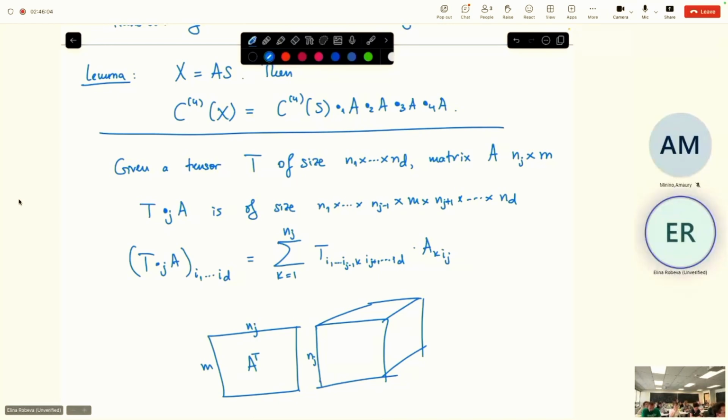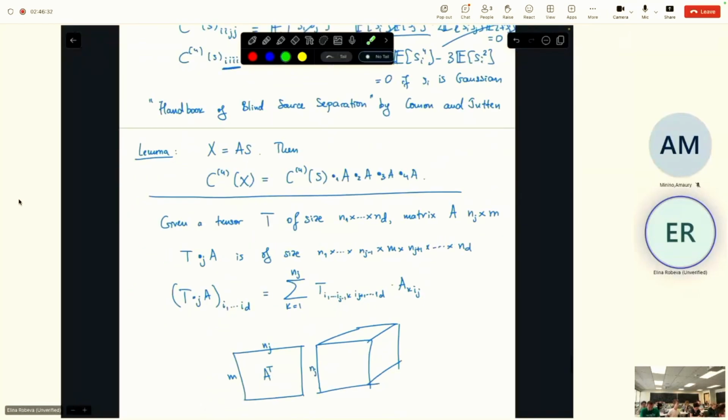Of course, with the definition of this multiplication, you don't need T to be diagonal. But if we go back to our setting, this C4 of S is diagonal, and then you multiply by A along all 4 sides. It doesn't matter which order you do this multiplication, in the end it's all the same. So you get this really nice decomposition, which actually yields the CP decomposition.